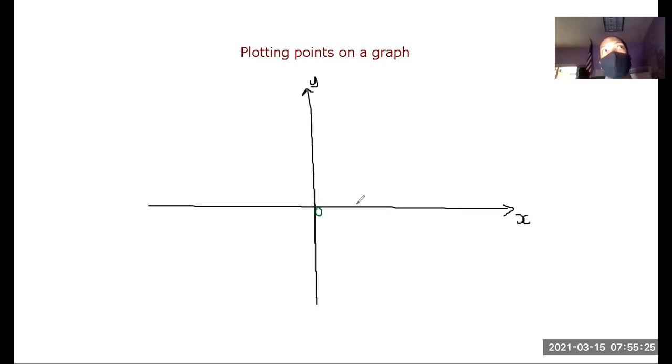So then I'm labeling my x-axis, 1, 2, 3, 4, 5, 6. And I just want to ensure that I'm going to estimate so that it has an equal amount of space in between. If we're using graph paper, then we'd know the exact amount of space in between each number.